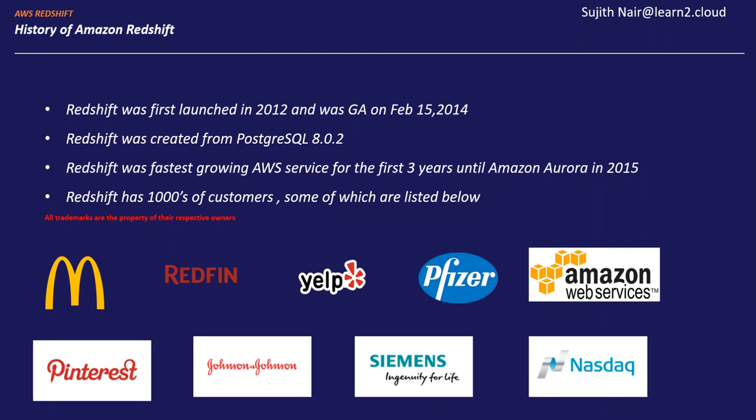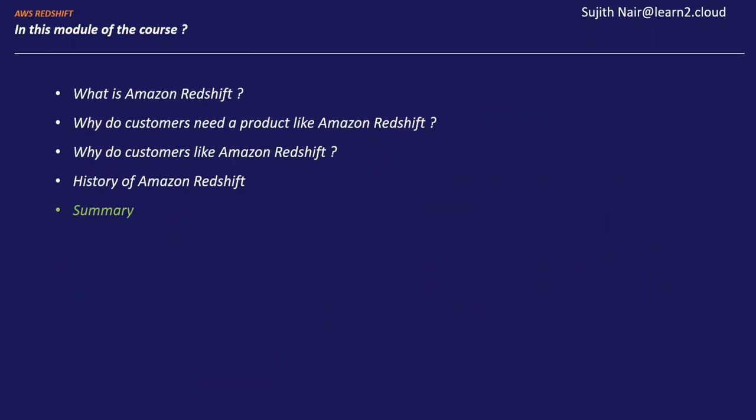So, Redshift has thousands of customers who are using them. There are too many to list, but these are some of the famous ones that you may be aware of. Also, Amazon itself uses Amazon Redshift for its warehousing needs. So, what better way to market your own product?